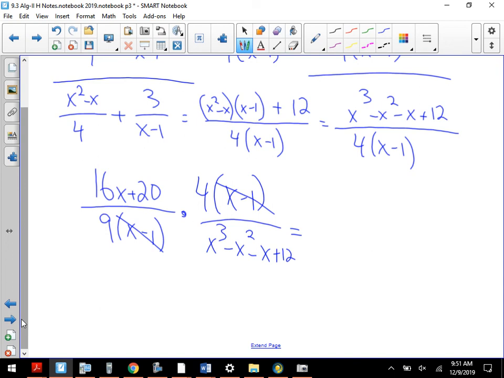X squared times x is x cubed. X squared times negative 1 is negative x squared. Negative x times negative 1 is, oh, I'm sorry, this should have been a plus. Did I miss one in there? Yeah, I did miss one, didn't I? X cubed, I'm sorry, x minus x squared.